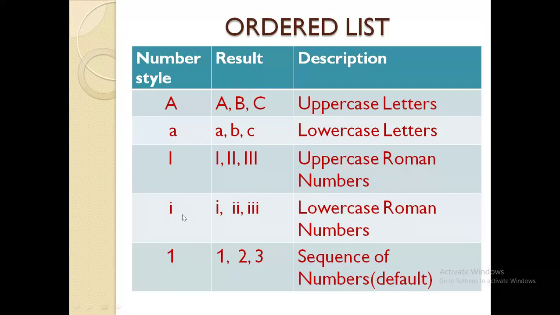Small i means lowercase Roman numbers will come. 1 is the default sequence of numbers. If you do not specify any number style, then automatically the list will take 1, 2, 3.